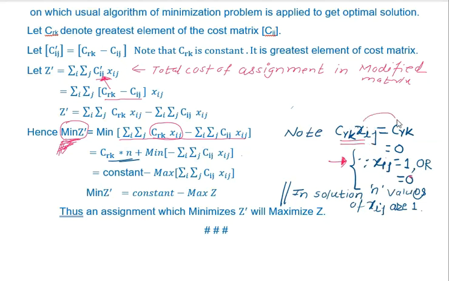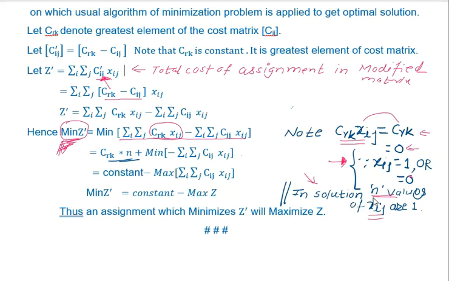So this product is either CRK or it is 0. Now how many Xij take value 1? In the solution, it is equal to the order of the matrix. In the solution, n values of Xij are non-zero.